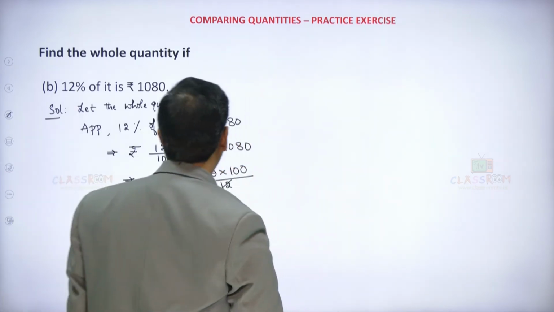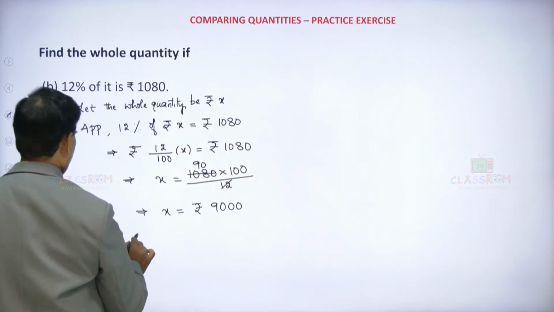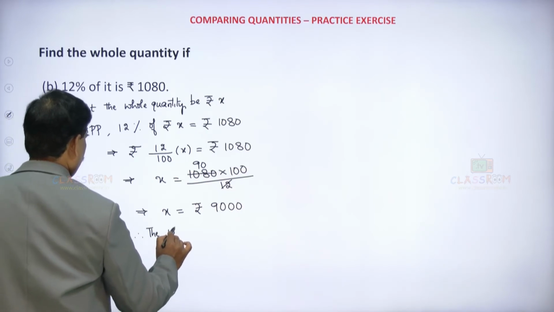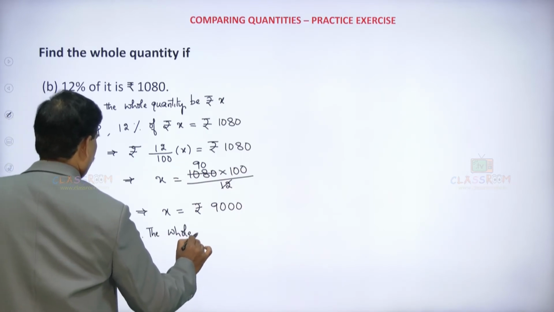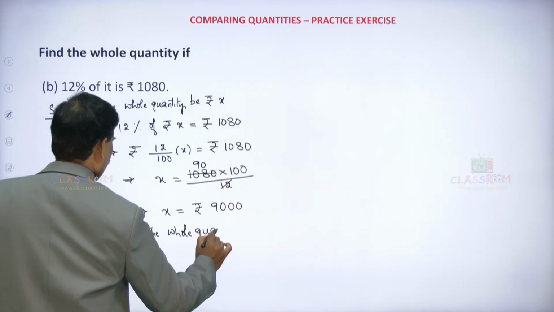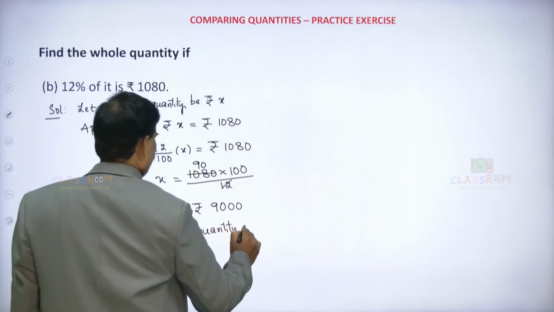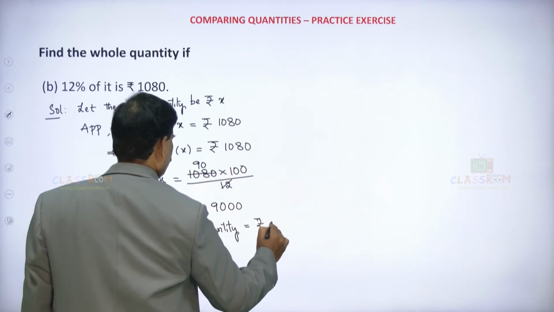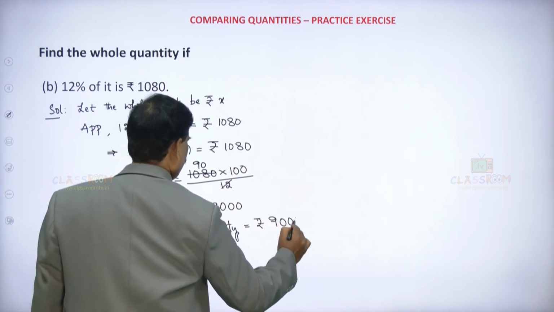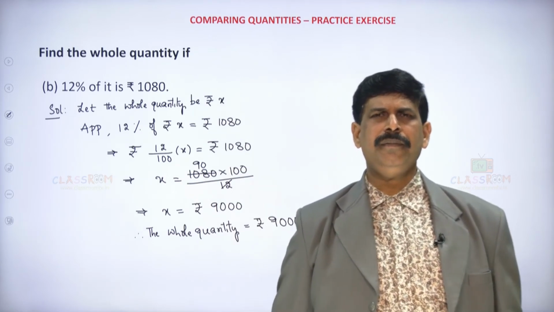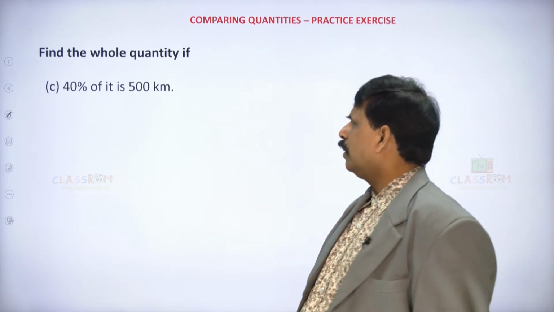So therefore, the required whole quantity is equal to rupees 9,000. It's clear?